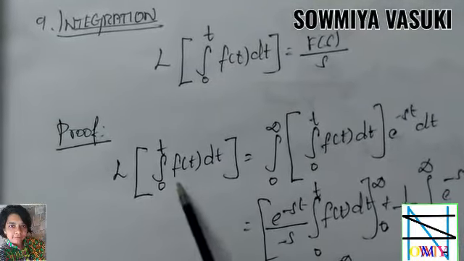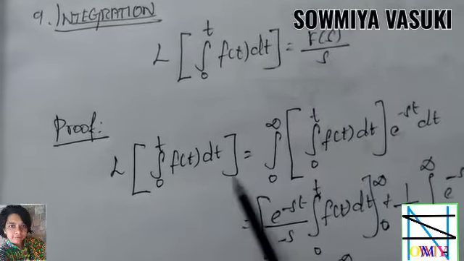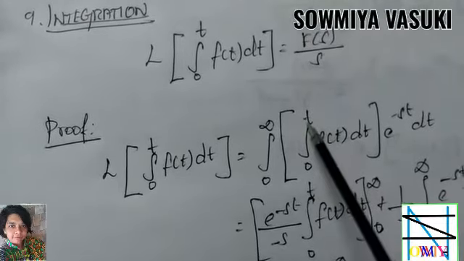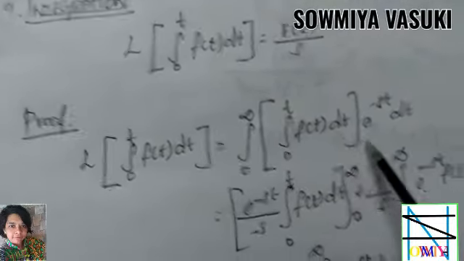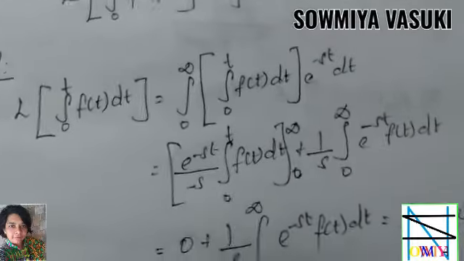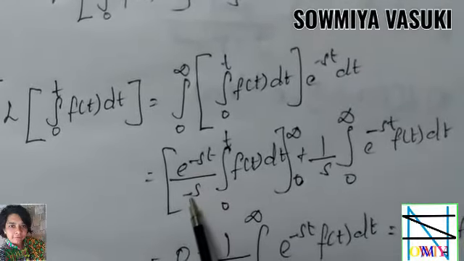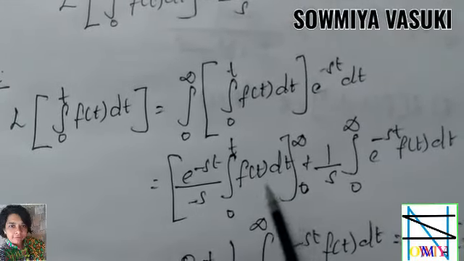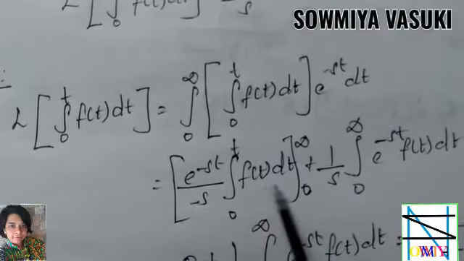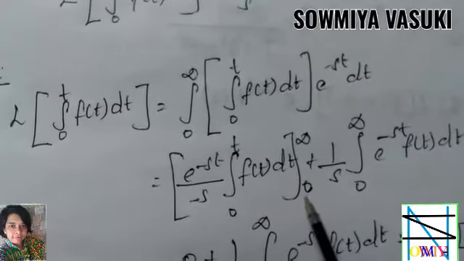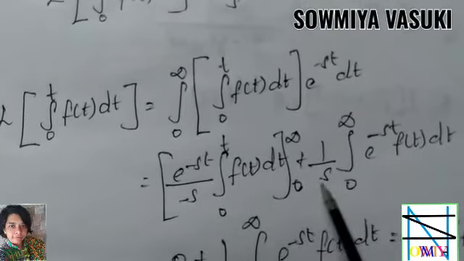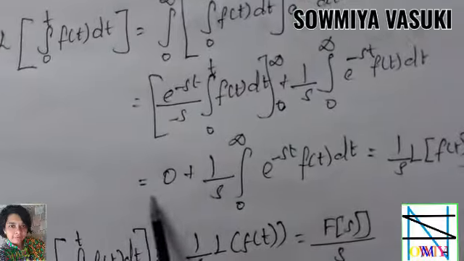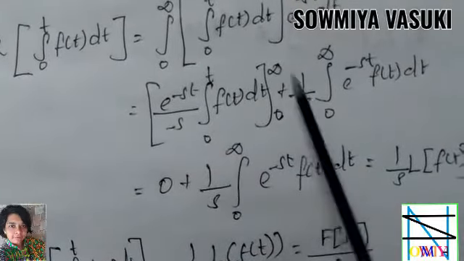L of the integral from 0 to t of f(t) dt is equal to the integral from 0 to infinity of [the integral from 0 to t of f(t) dt] e^(-st) dt. So e^(-st) divided by minus s, times the integral from 0 to t of f(t) dt, over the limits 0 to infinity, plus 1 by s times the integral from 0 to infinity of e^(-st) f(t) dt. This first term is 0.